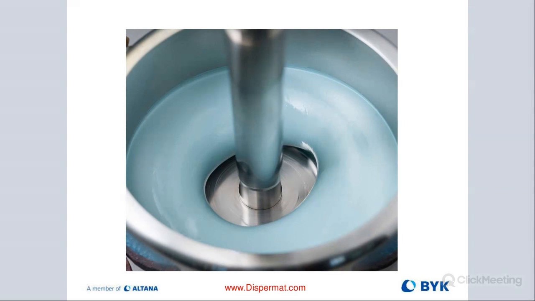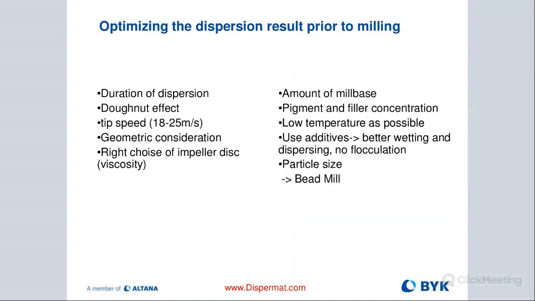So here is the donut effect, very important. We'll talk about that in a second, but we want to optimize our dispersion before we actually go into the milling process. So the duration of the dispersion is important, usually anywhere between 5 to 15 minutes, depending on your mill base. That gives us really good wetting. We want to see a donut effect.